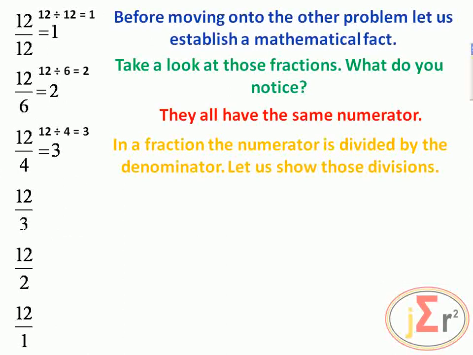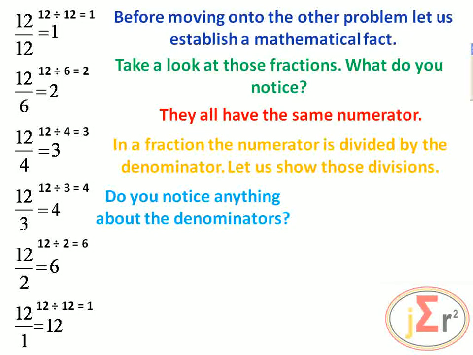Next, 12 divided by 3, and the result is 4. The other? 12 divided by 2, and the result is 6. And finally, 12 divided by 1, and the result is 12.